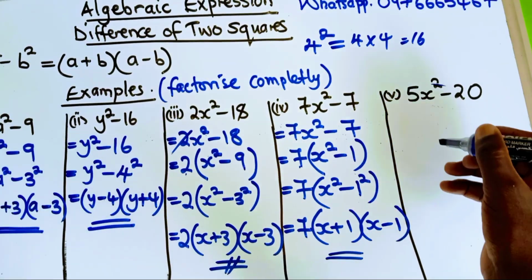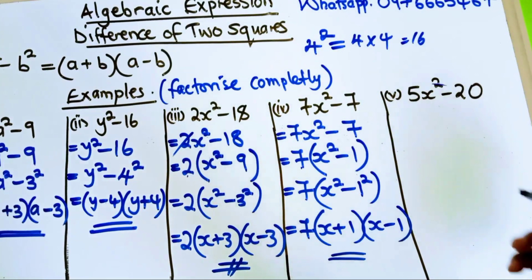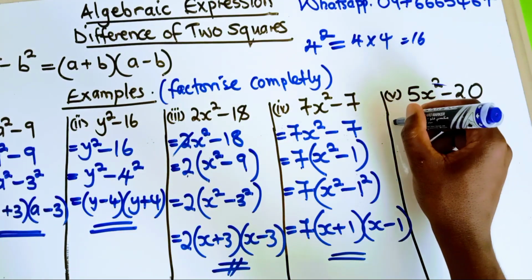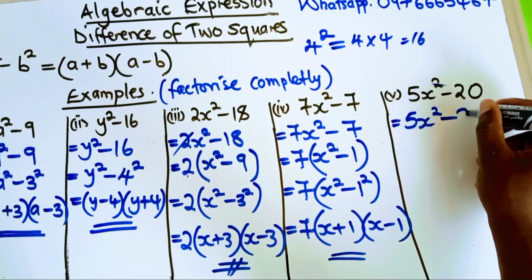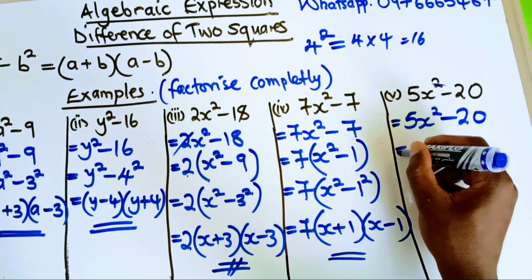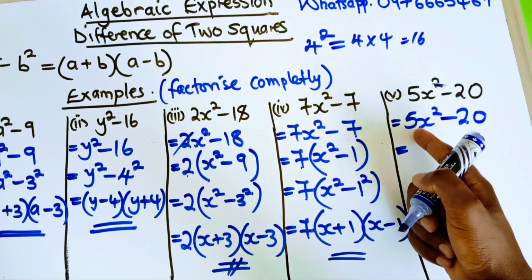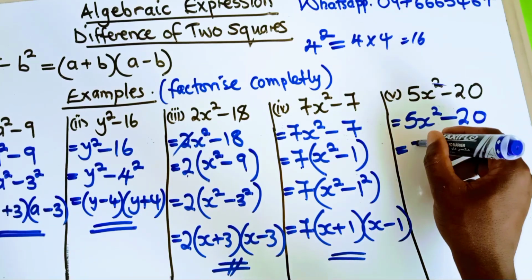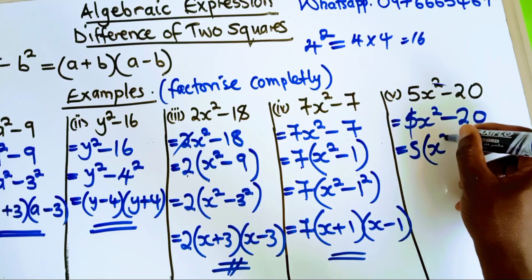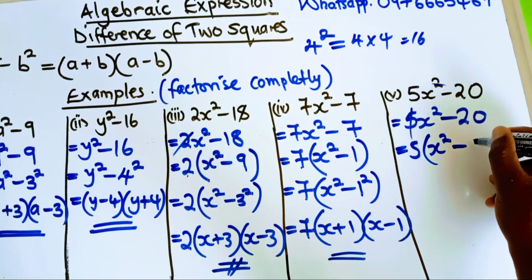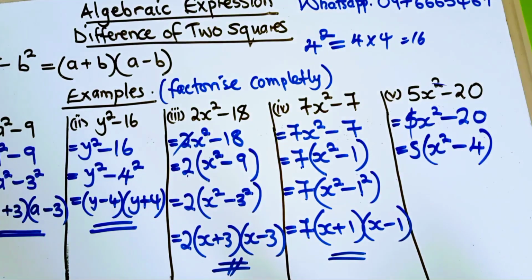Very simple. The last example, we copy the question: 5x squared minus 20. Here, 5 can go into this and also into 20. So we say 5 outside the bracket. When you divide, you remain with x squared minus 20 divided by 5, which gives us 4.